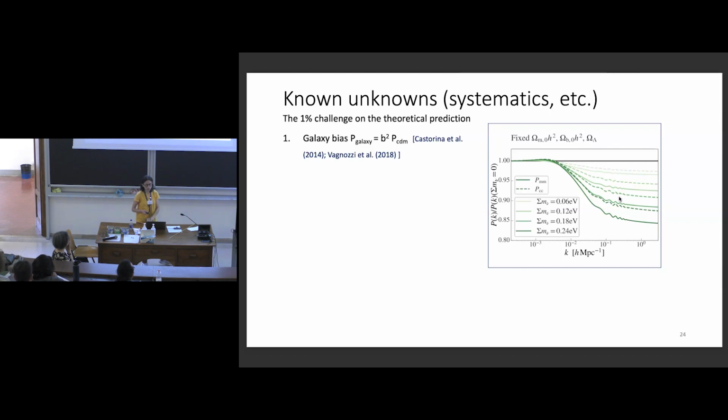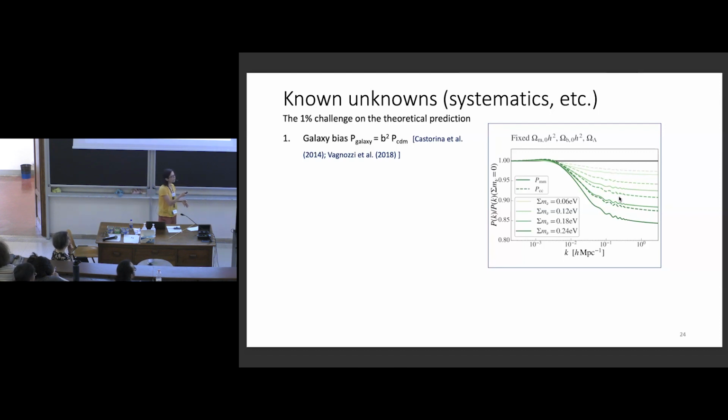In particular, in the case of neutrinos, the bias factor should be modeled with respect to the cold matter only power spectrum, without taking into account the neutrino perturbations. Why? Because, as we said before, neutrinos free stream. The typical scale of neutrino free streaming is about 1 gigaparsec. So neutrinos do not cluster on the scale of a galaxy.